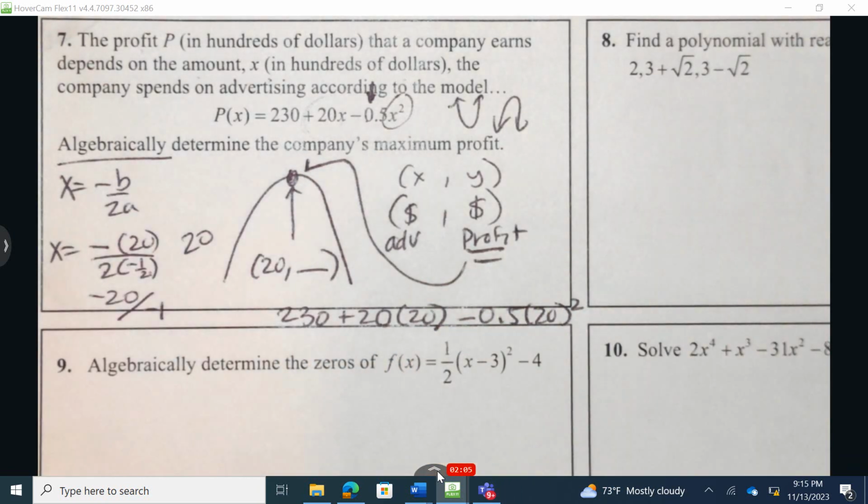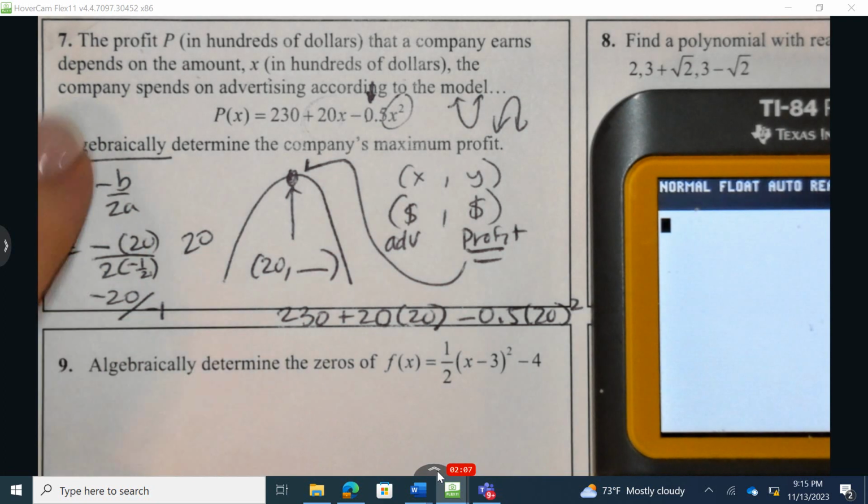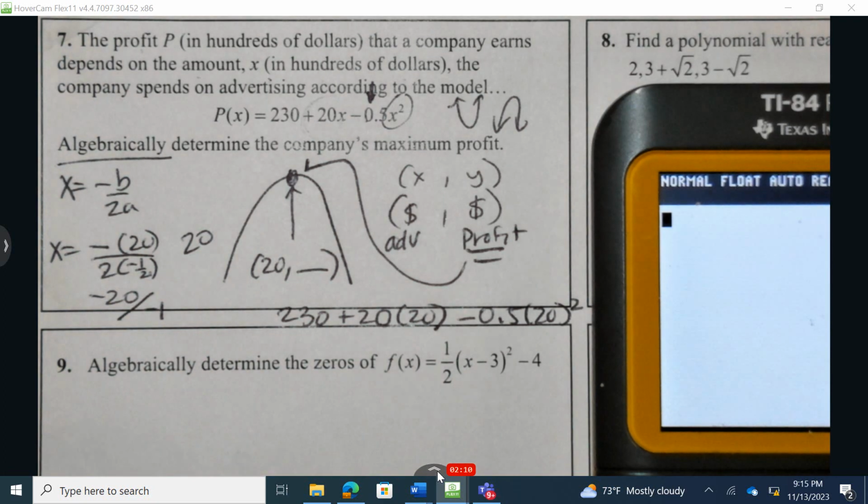Okay, now I'm going to use the calculator to do this, but all of this needs to be done algebraically. Without this work algebraically, you would receive no credit. So I have 230 plus 20 times 20, and then I'm going to subtract 0.5 times 20 squared.